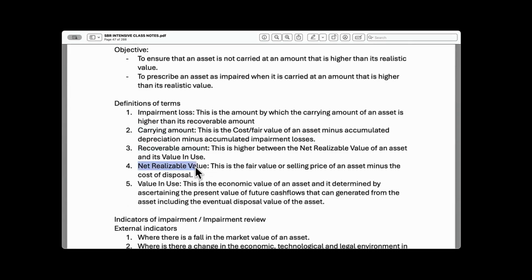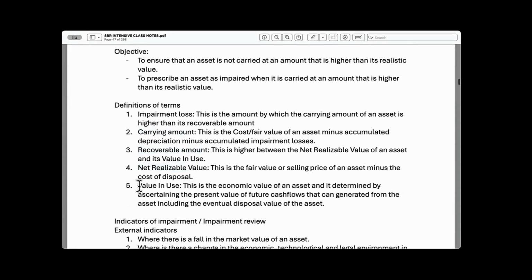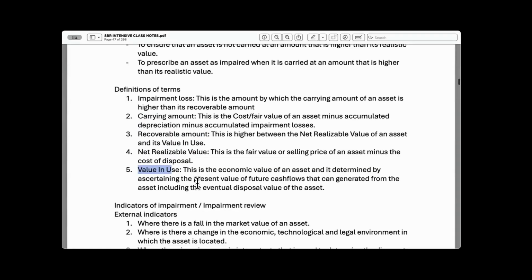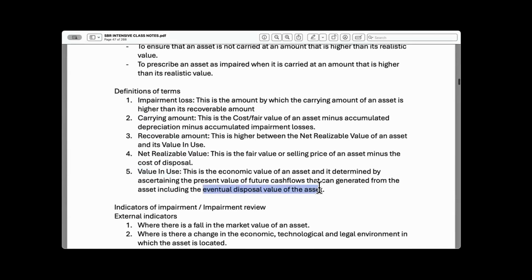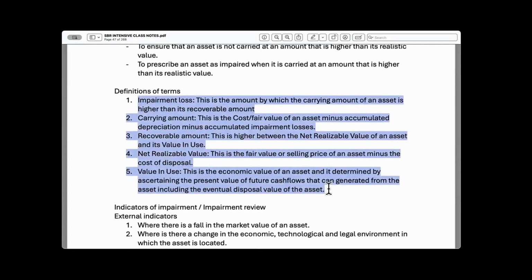Net realizable value is fair value minus cost to sell, and value in use is the present value of future cash flows that can be generated from an asset, including the proceeds you get from the eventual disposal of that asset. These are the key terminologies in IAS 36.